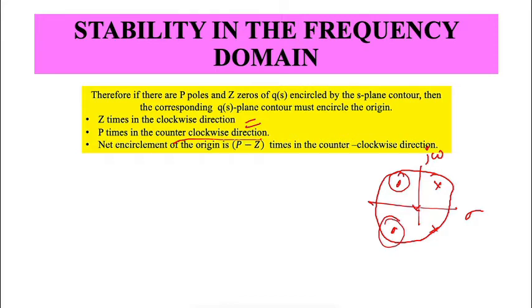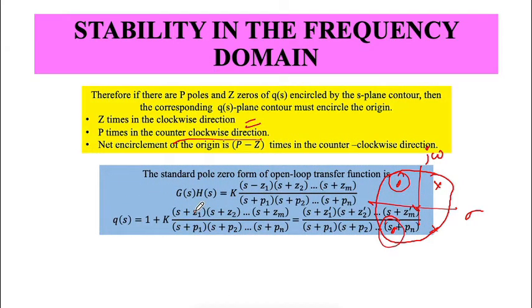I know that my open loop transfer function is G(s)H(s), which has again some set of zeros and some set of poles, right? And my characteristic equation is 1 plus kG(s)H(s), which is Q(s), again with the sets of zeros and poles, and I will write this equation.